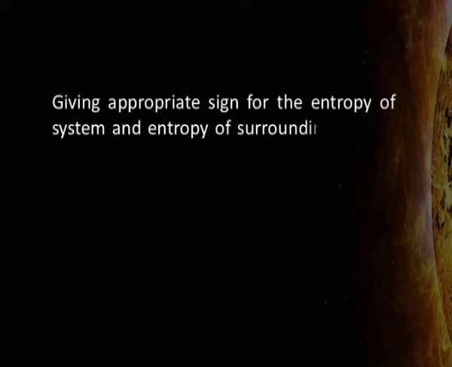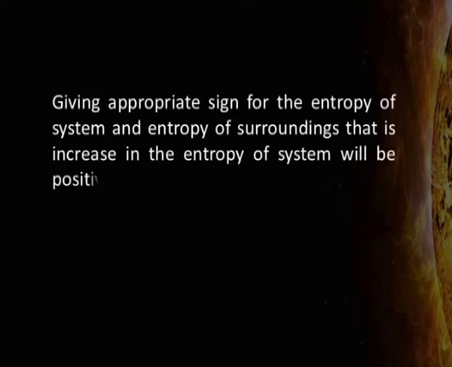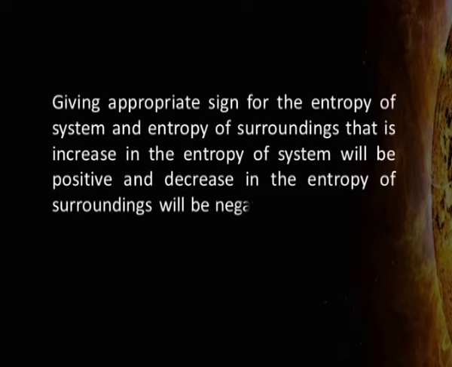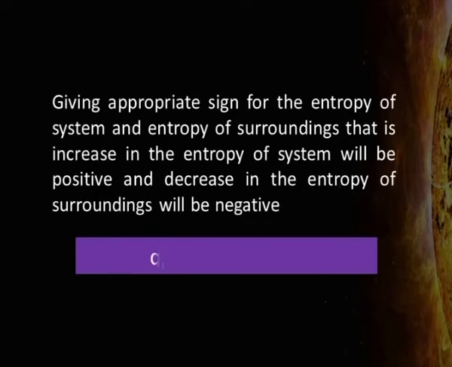Now, giving appropriate sign for the entropy of system and entropy of surroundings, that is, the increase in the entropy of the system will be positive and the decrease in the entropy of the surroundings will be negative, we will get the equation Q reversible divided by T minus Q reversible divided by T, which will be equal to 0. This is the entropy of the universe, that is surroundings and system taken together.